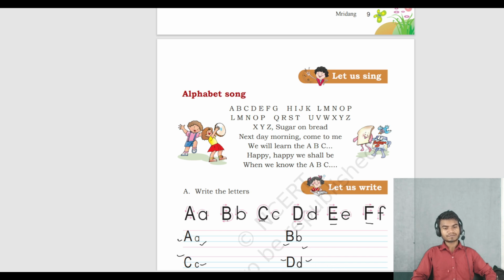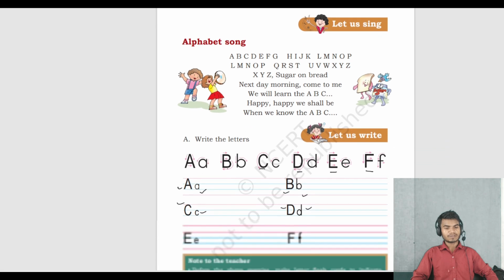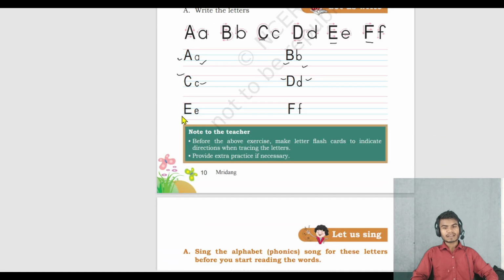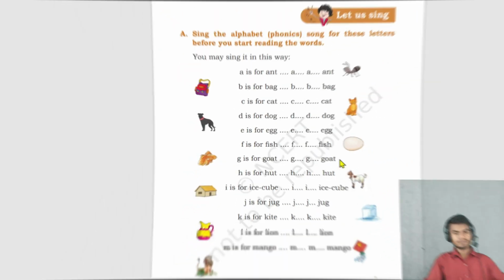Now let's go to the next page. Capital E, small e. Capital F, small f. Notes to the teacher. 1. Before the above exercise, make letter flashcards to indicate direction when tracing the letters. 2. Provide extra practice if necessary.